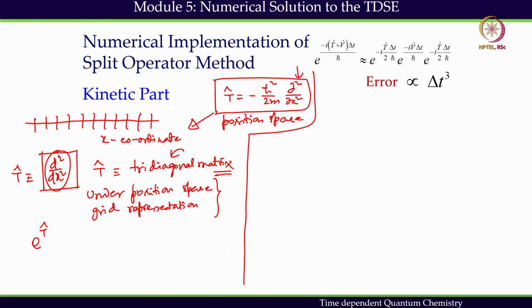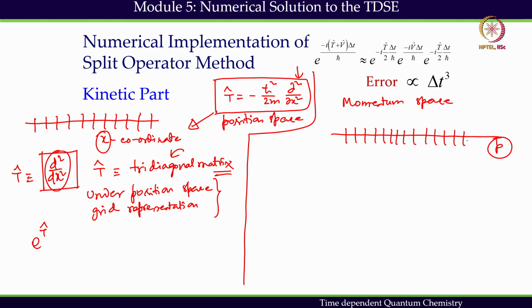if I use the momentum space, what is momentum space? Similarly, I have this as a function of momentum. Here it is a function of x, now I am looking at it as a function of p. I have this grid representation, the same idea. In the momentum space, if I try to represent T, what is the form of the kinetic energy operator?